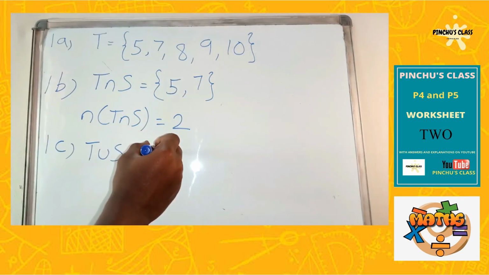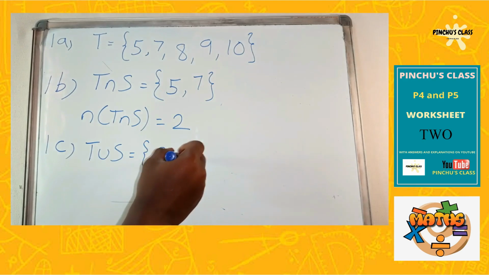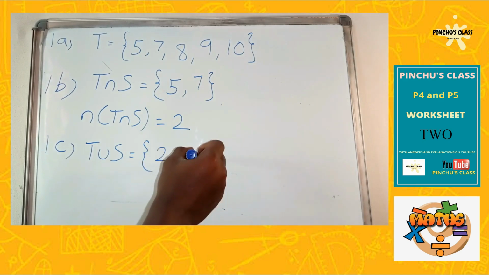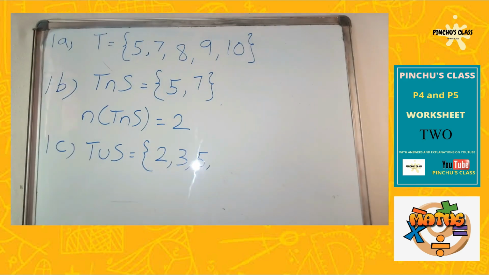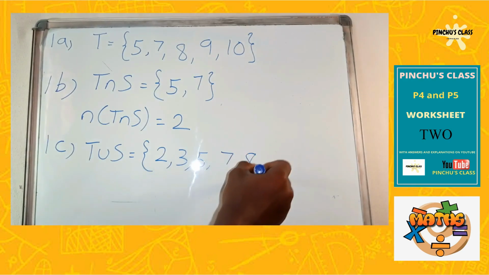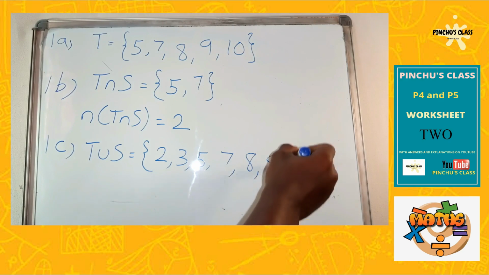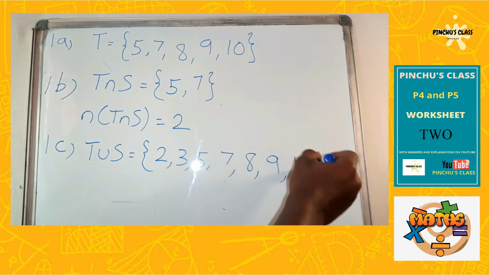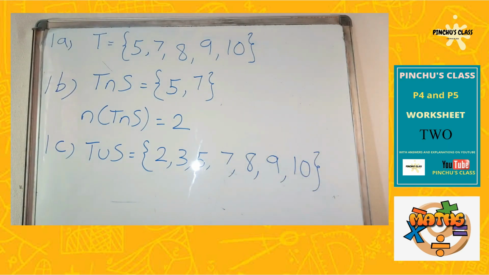We have 2, 3, 5, 7, 8, 9, and also 10. So those are the members in T union S.